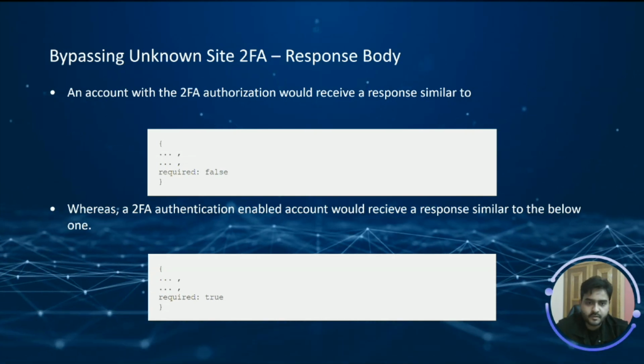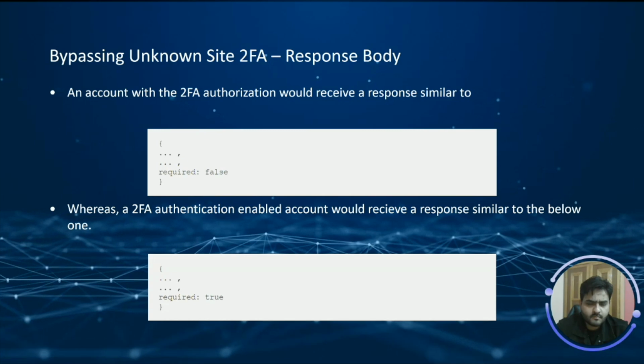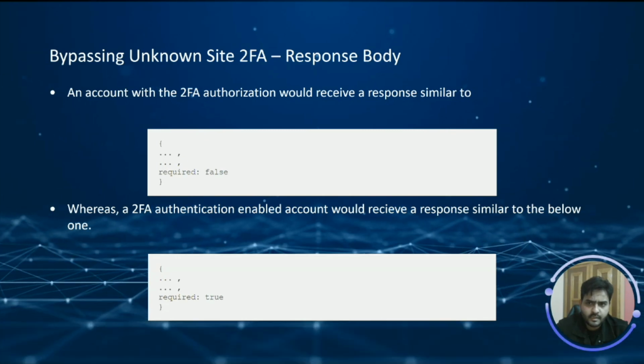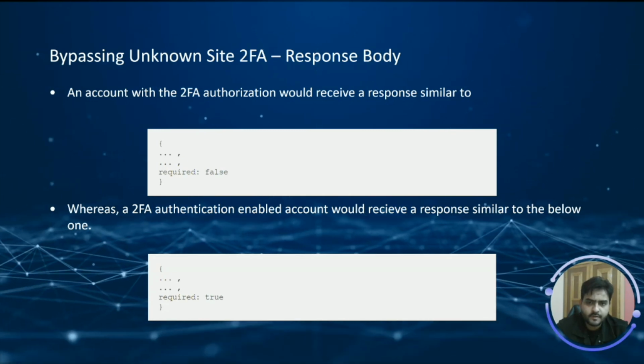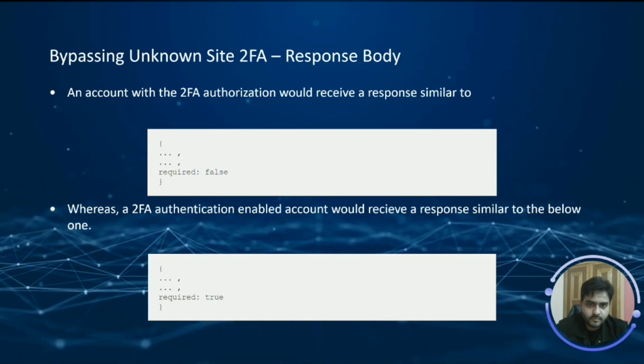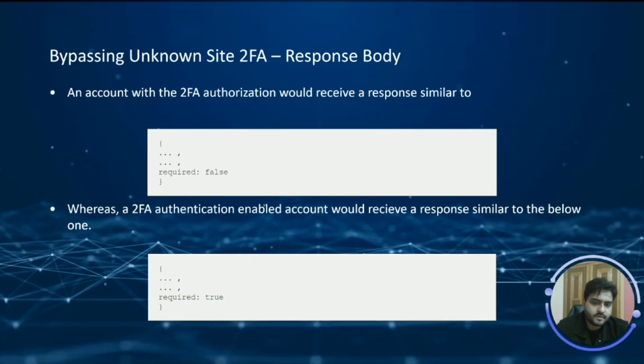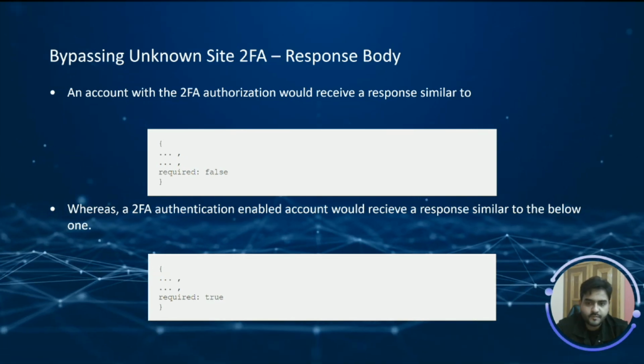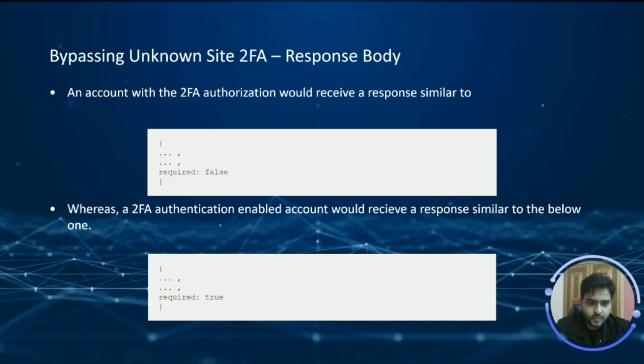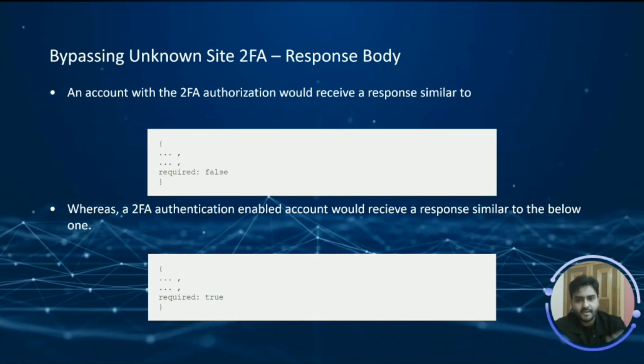If you entered a correct 2FA code, it would return true. And the account with the 2FA authorization would receive a similar response. It would be false, and then it would receive a response that is true. And if you would just change false to true, you were granted access.